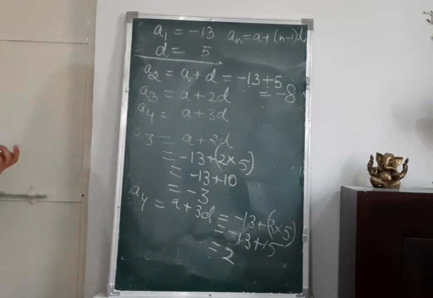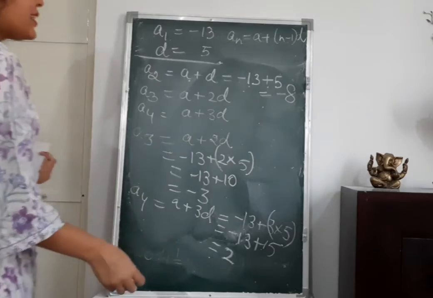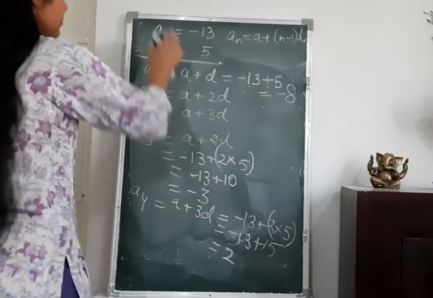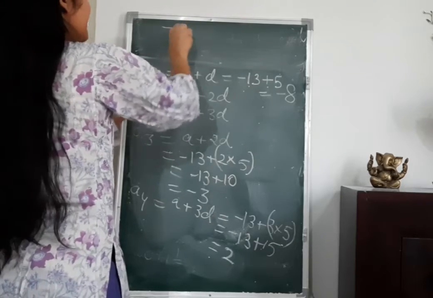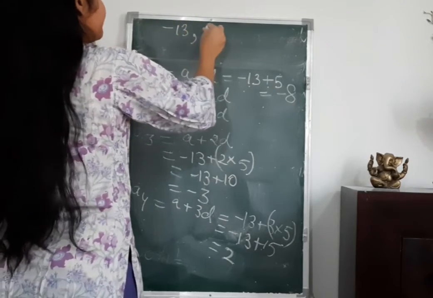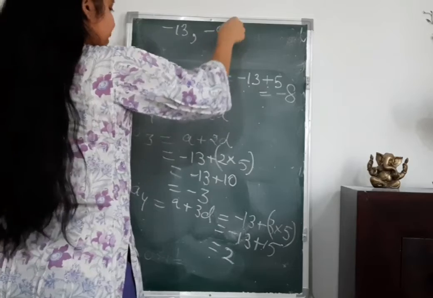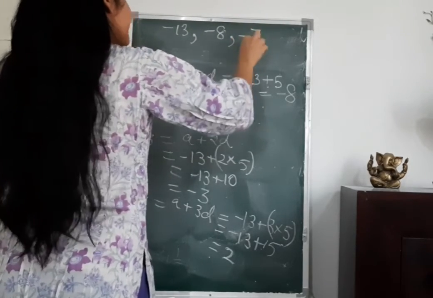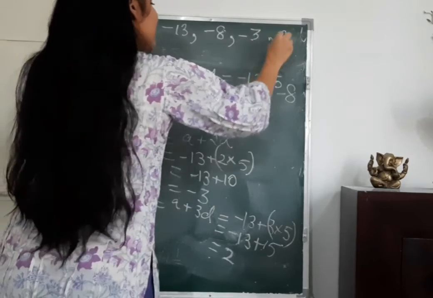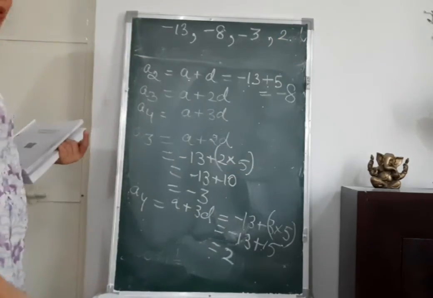So, the first 4 terms of this series are going to be equal to minus 13, minus 8, minus 3, 2.